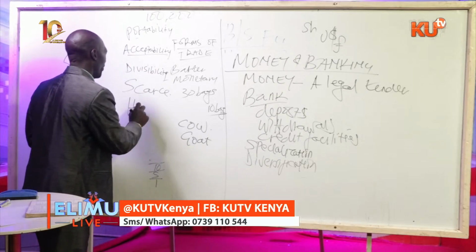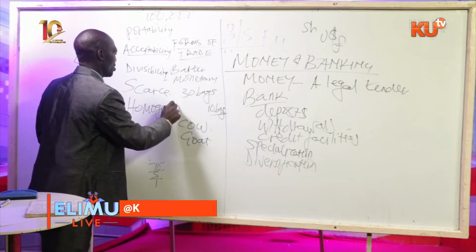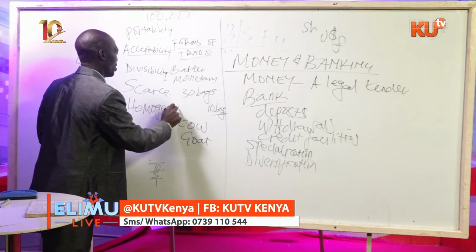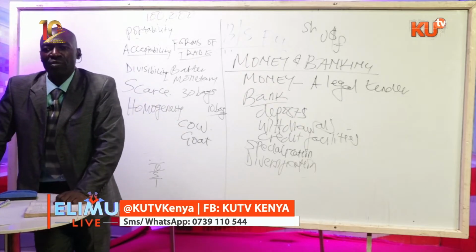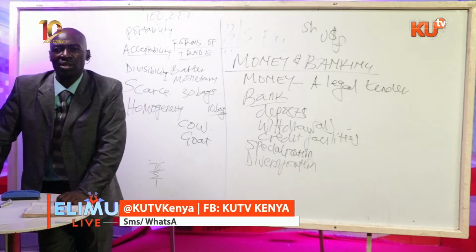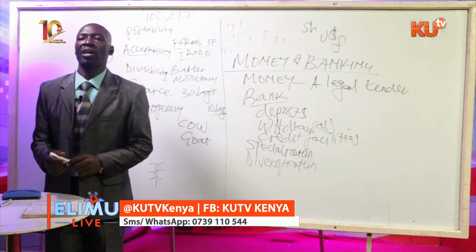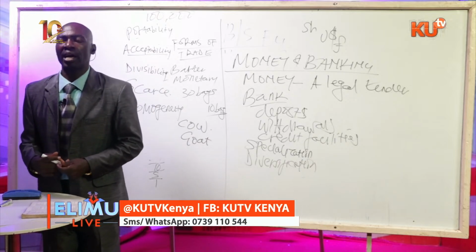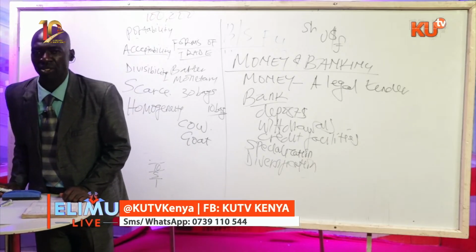Homogeneity. Homo from uniform. So money should be uniform. For example, if you have 10,000 notes in the hands of 10 different people, each holding a 1,000 shillings note, they should be the same.